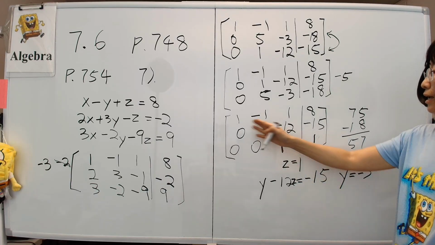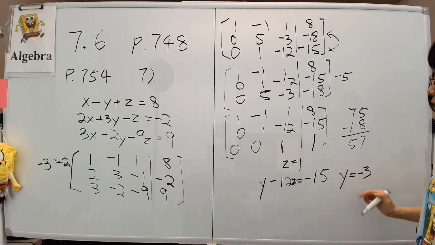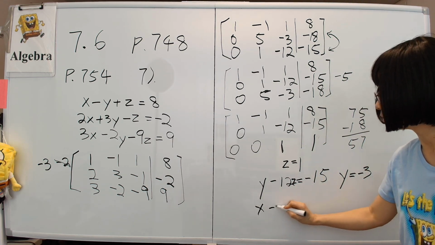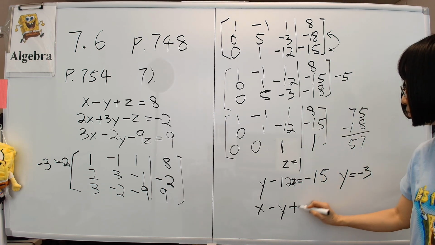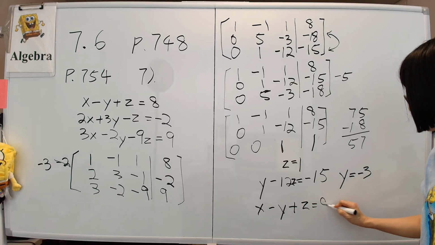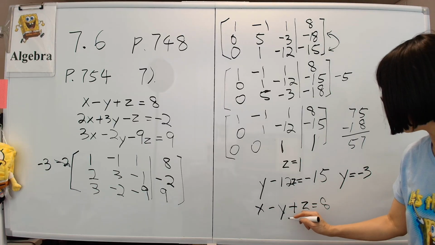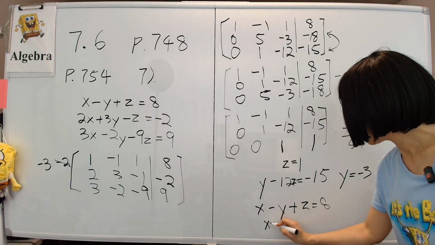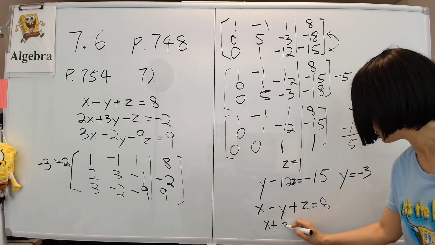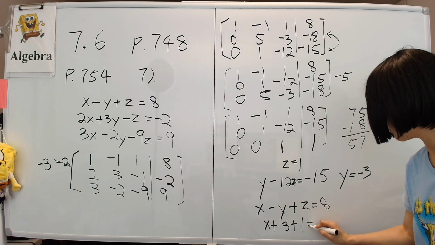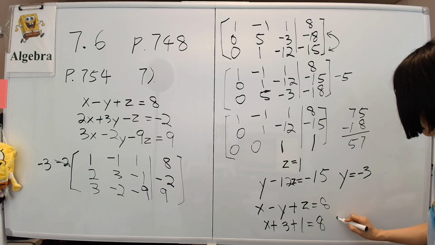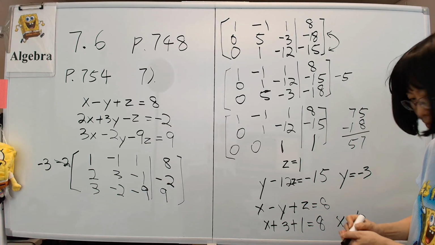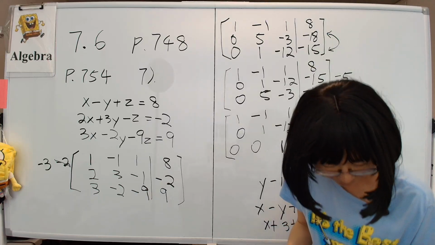That's better. So y is minus 3. And then we have y equals minus 3, and the top one, which says x minus y plus z equals 8. Where y is minus 3 and z is 1, it becomes x plus 3 plus 1 equals 8, that means x equals 4, right? x is just 4, and that is the correct answer.